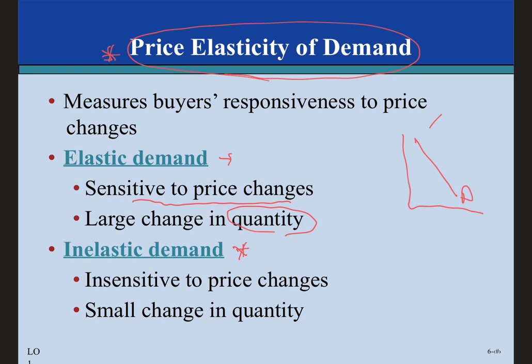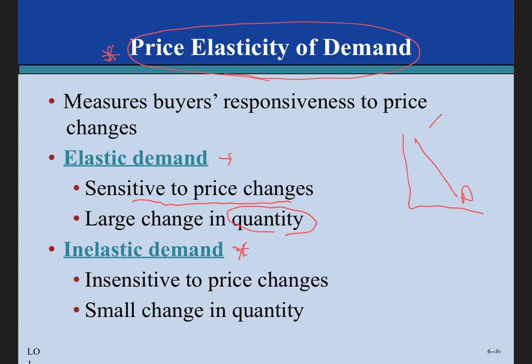Inelastic demand, we have price insensitivity, okay? So inelastic demand, for example, if somebody was taking a daily prescription that they really needed, maybe somebody who's diabetic, who's taking insulin daily, and maybe the price of insulin were to go up 10%. That individual really needs that good, right? Or gasoline, for example. Even when it increases in price, we tend to continue to buy it, at least in the short run.